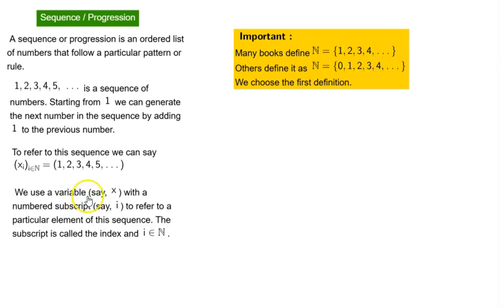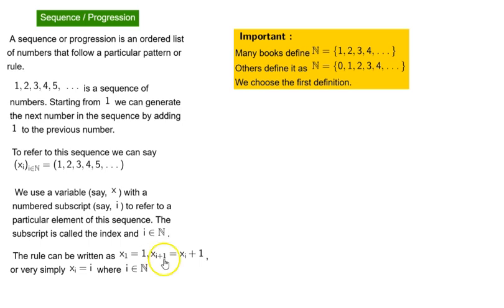We use a variable, say x, with a numbered subscript, say i, to refer to a particular element of this sequence. The subscript is called the index, and it belongs to the set of natural numbers. The rule can be written as, in this case, x sub 1 is equal to 1, x sub i plus 1 is equal to x sub i plus 1, or very simply as x sub i is equal to i, where i is in the set of natural numbers.